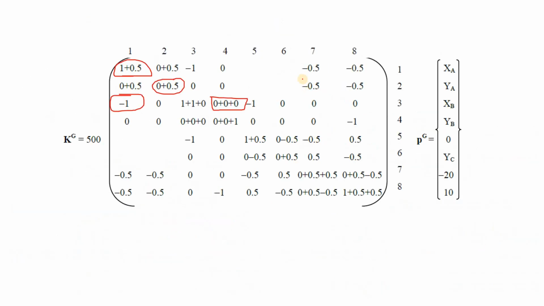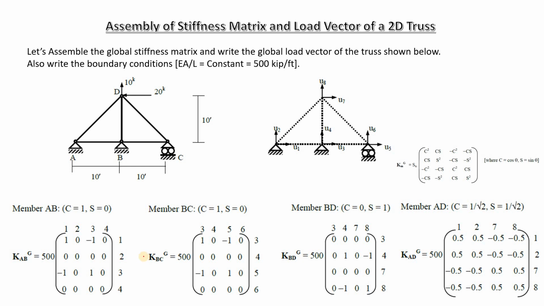Okay, we were doing row 3, column 4. Okay, this is column 4. This is row 3, this is the intersect, which is 0. Then again we have column 4, row 3, the intersect is 0, so 0 plus 0.